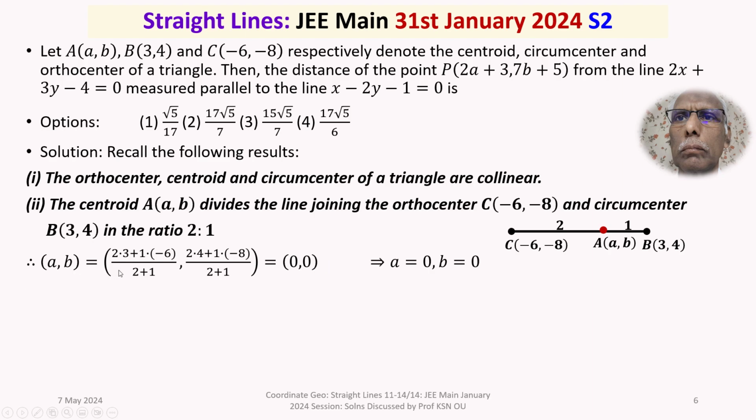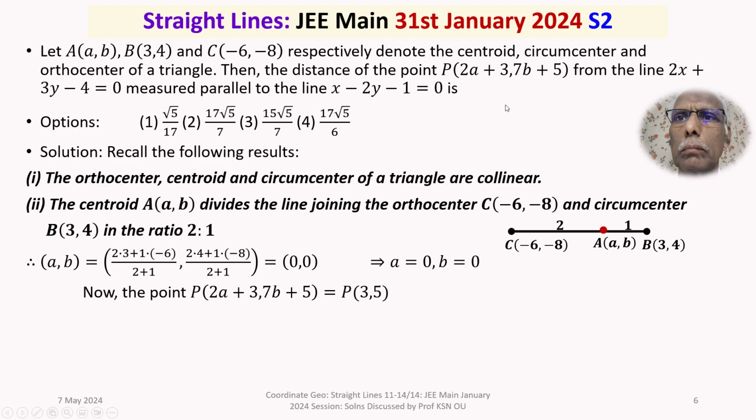So (a, b) is equal to (0, 0), which implies a is equal to 0, b is equal to 0. Now, having obtained the values of a and b, the coordinates of P will be (2a + 3, 7b + 5). Put a equal to 0, b equal to 0. This is the point P with coordinates (3, 5).